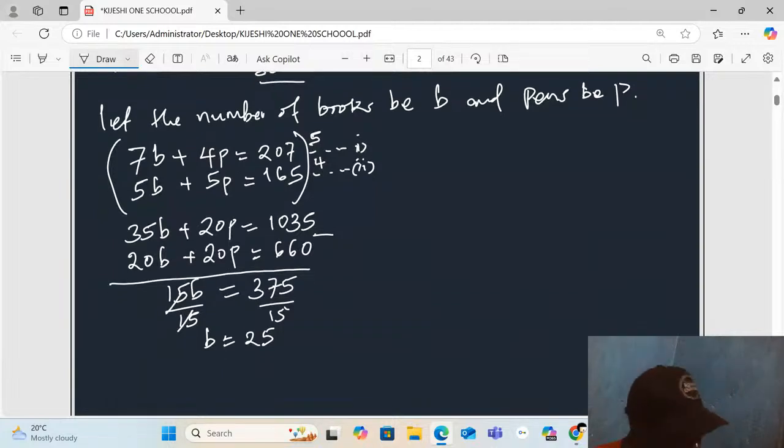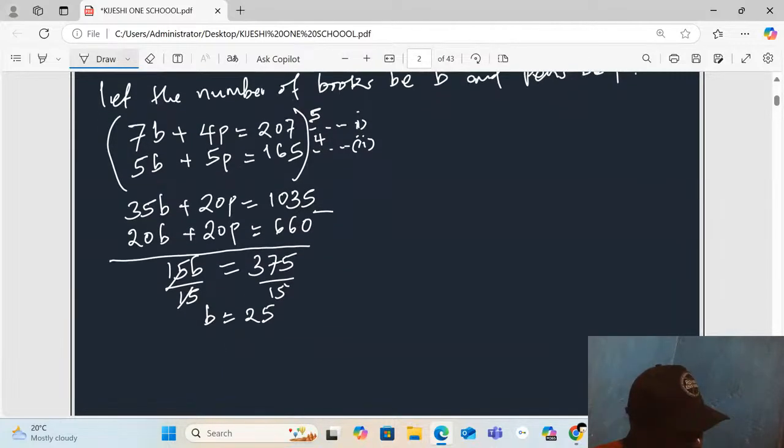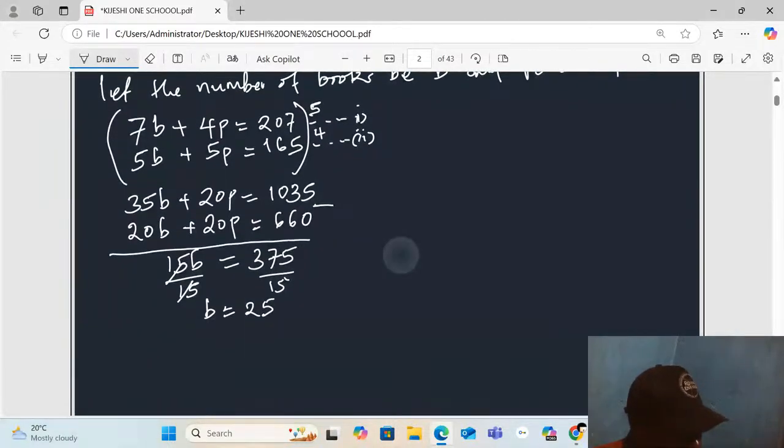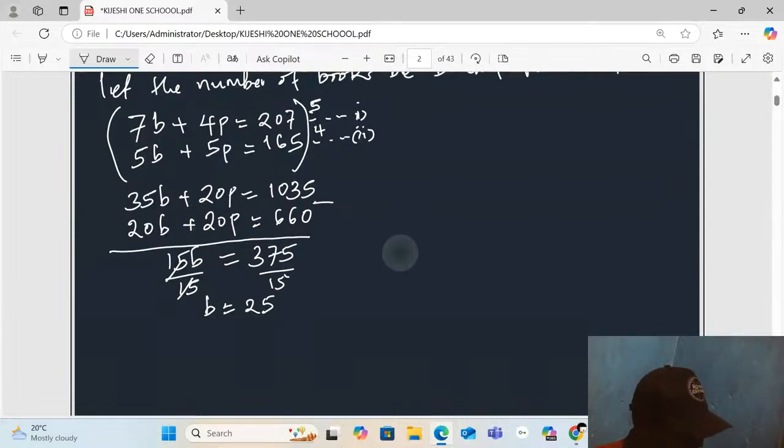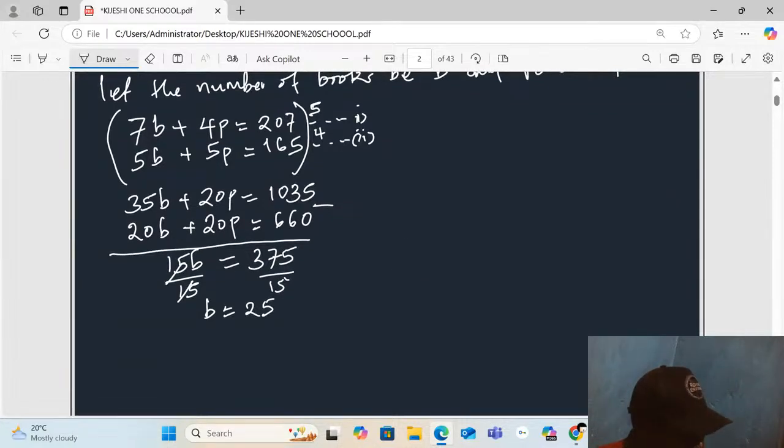So that means one book costs what? 25 shillings. And therefore, let us use B to find the price of a pen.